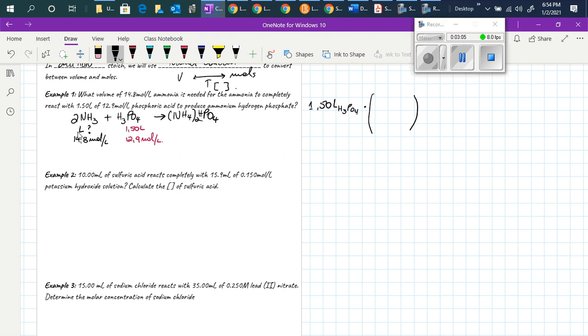Molar concentration is 12.9 moles per liter, meaning that in 1 liter you have 12.9 moles of phosphoric acid. So 1 liter is 12.9 moles of phosphoric acid.